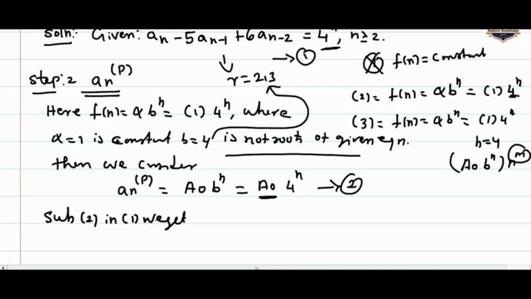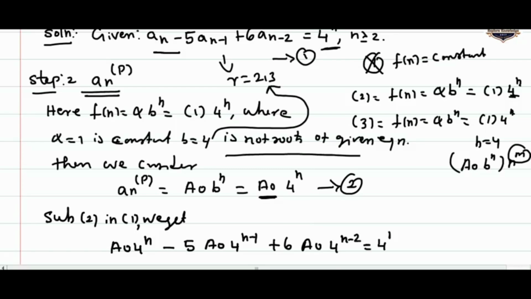On the left hand side, a n is a naught into 4 power n, minus 5 into, replacing n by n minus 1, a naught 4 power n minus 1, plus 6 into, replacing n by n minus 2, a naught into 4 power n minus 2, equal to 4 power n.